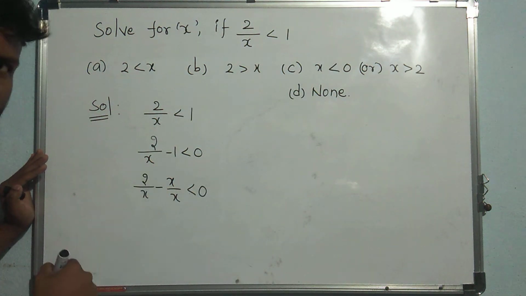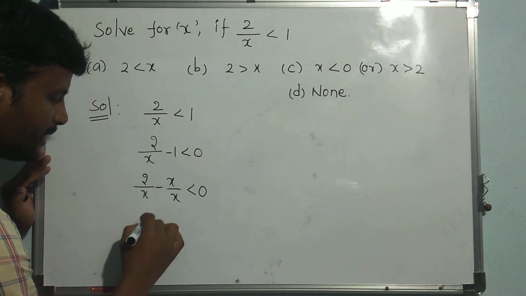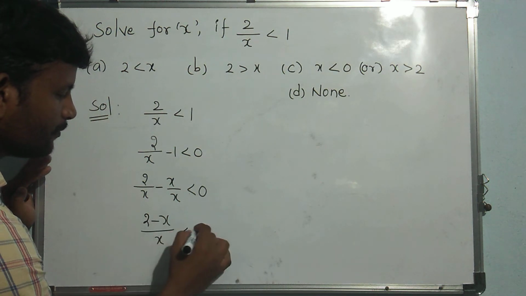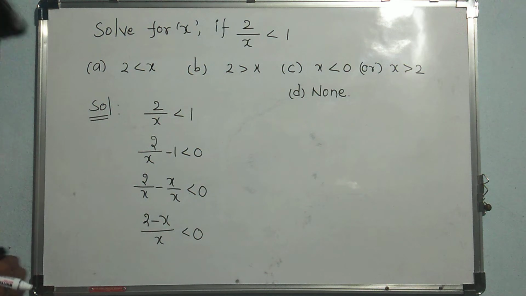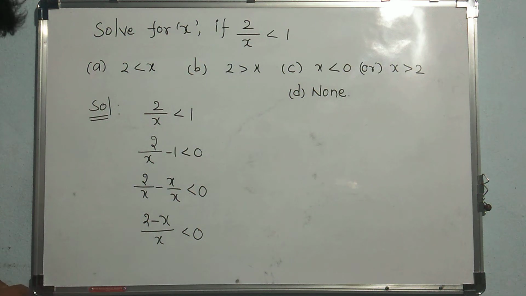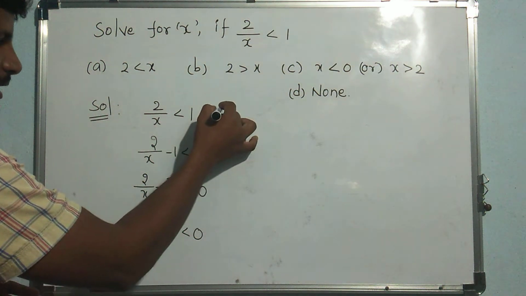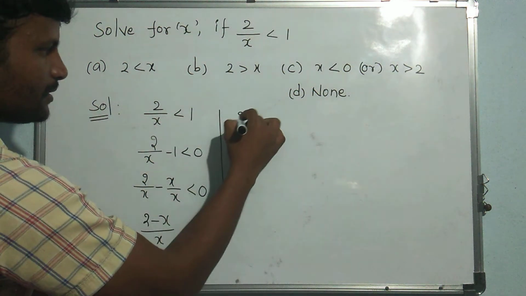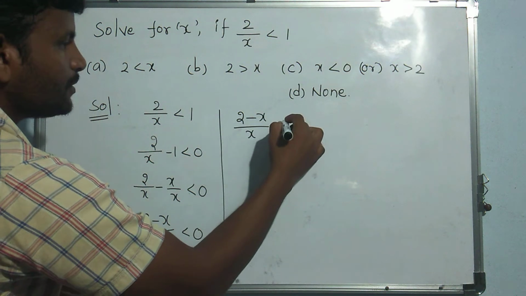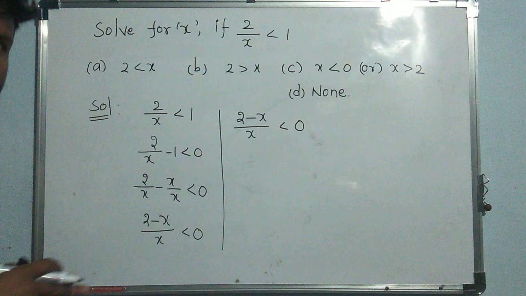So we can write the numerator as 2 minus x divided by x, which is less than 0. So this left side part must be less than 0, that is your solution, right? So I am writing that again here, which is 2 minus x divided by x should be less than 0.